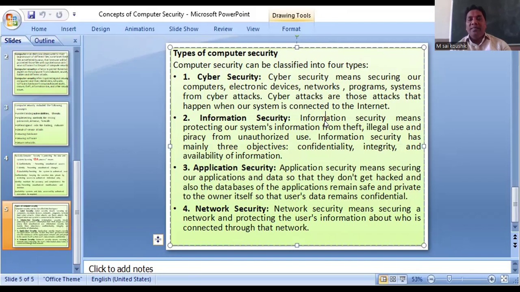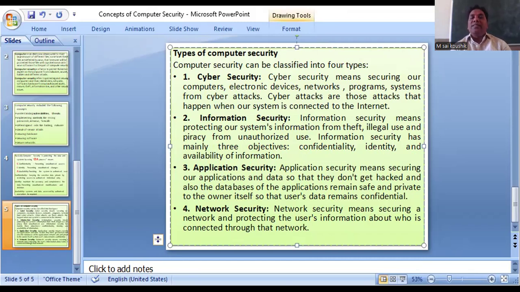It is protection by computer security. Information security has mainly three objectives, like CIA: confidentiality, integrity, or availability. Sometimes it is also called identity.